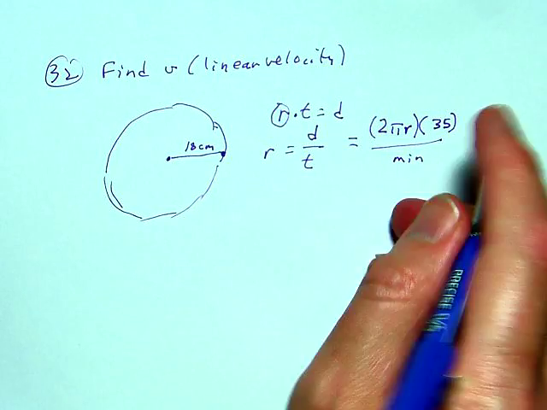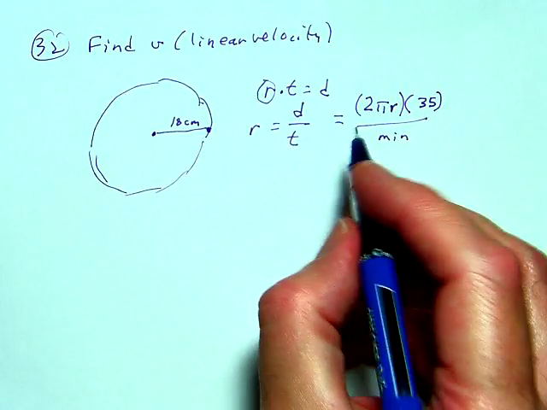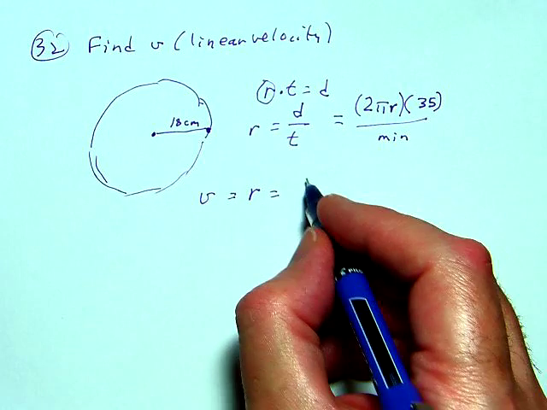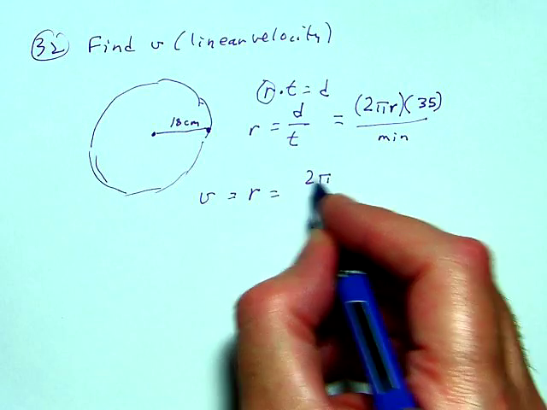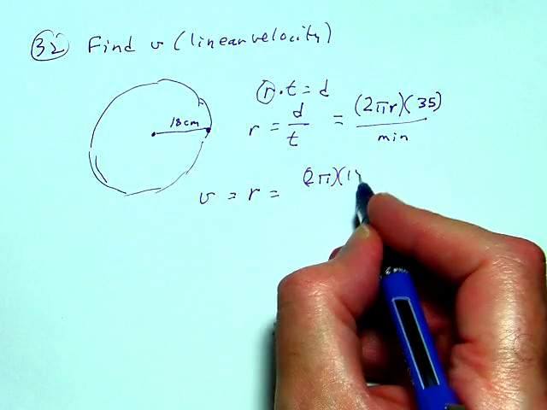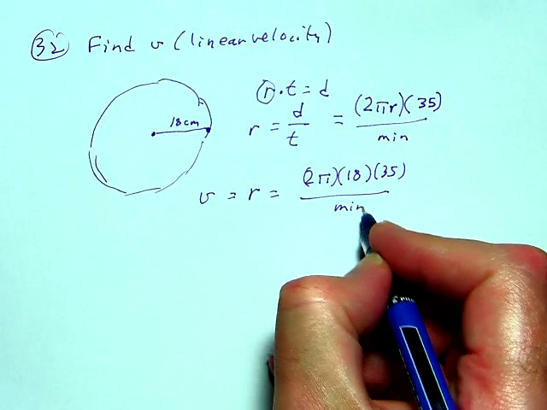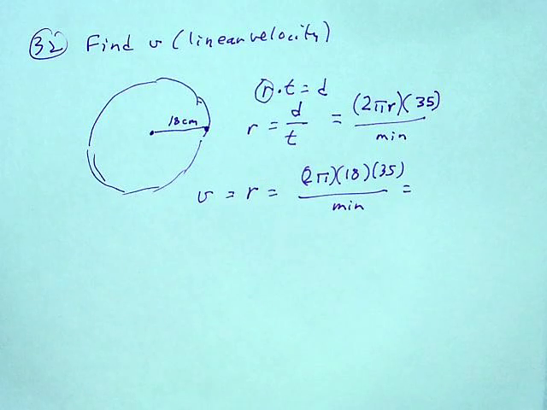Now let's plug in r, which is 18. So we get that the rate, or the linear velocity, is 2 pi times 18, which is the radius, times 35 per minute. Let's get our calculator out.